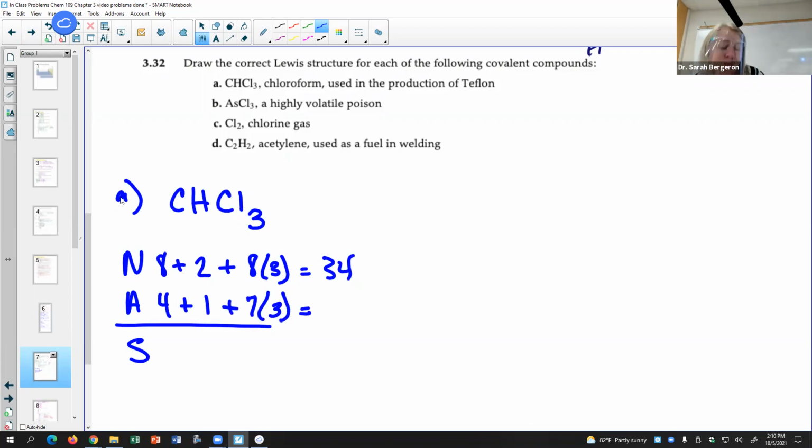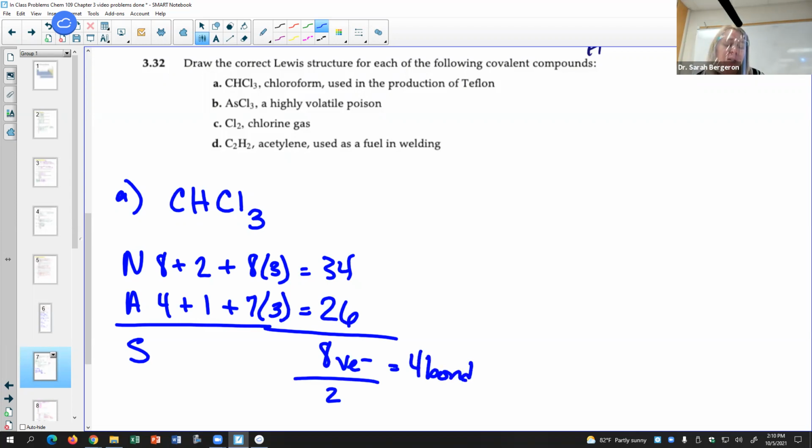So what do we get? Our difference between the two is 8. So we have 8 valence electrons that we're going to share. Divide by 2, that tells us our bonds. We're going to have 4 bonds.